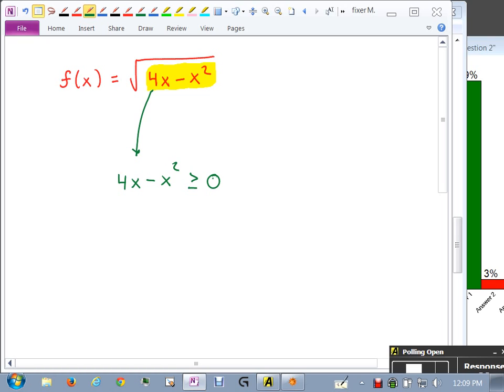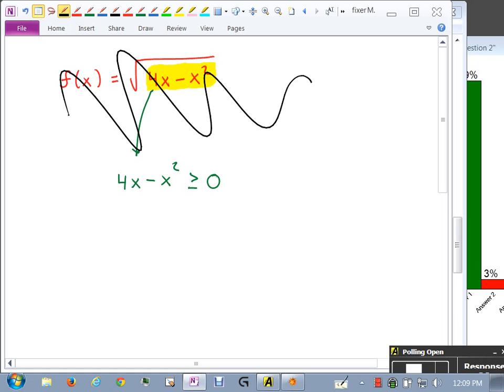Well, now, forget all this. What's in green? A quadratic inequality. You see? The problem of finding the domain of that function breaks down to really just solving this quadratic inequality. If you can solve this quadratic inequality, you've answered the question of what the domain is. Understand?